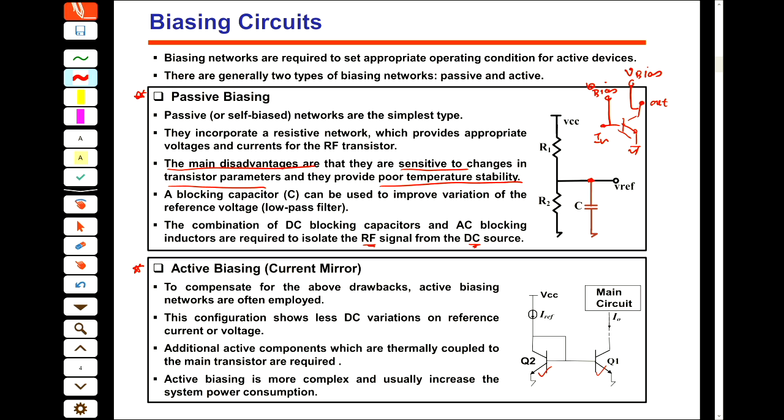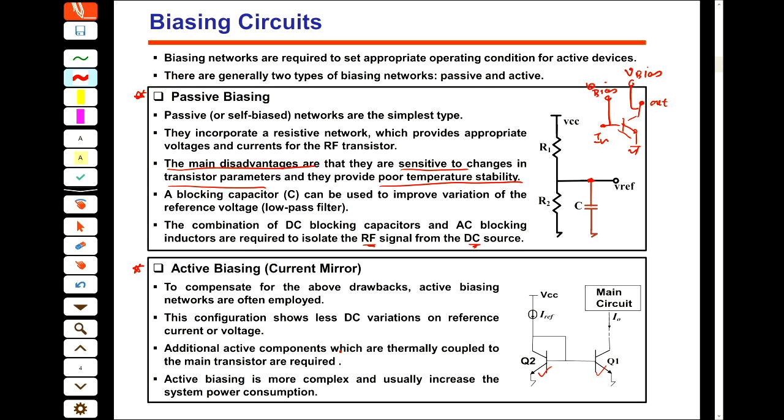Okay. But the problem is that the transistor that we usually use for the RF transistor is an expensive transistor. So if we use Q2 exactly similar to Q1, and we just want to use this Q2 as a current source, it does not do anything else for us, then we are actually making the price of our circuit double. So these are the two things that you need to consider.